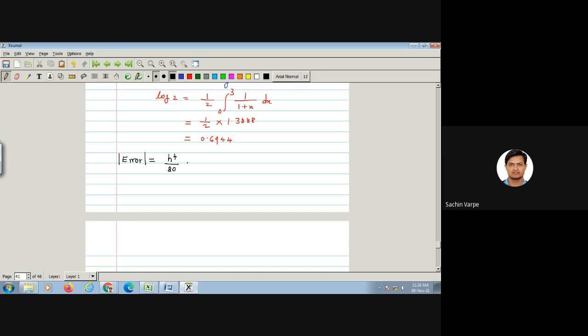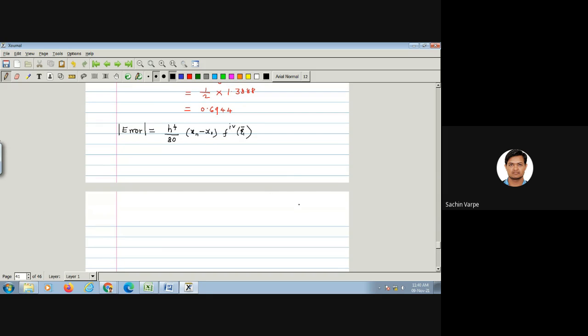Xn minus x naught into fourth derivative of function at zeta bar. So here h is 0.5, right? 0.5 on 80.